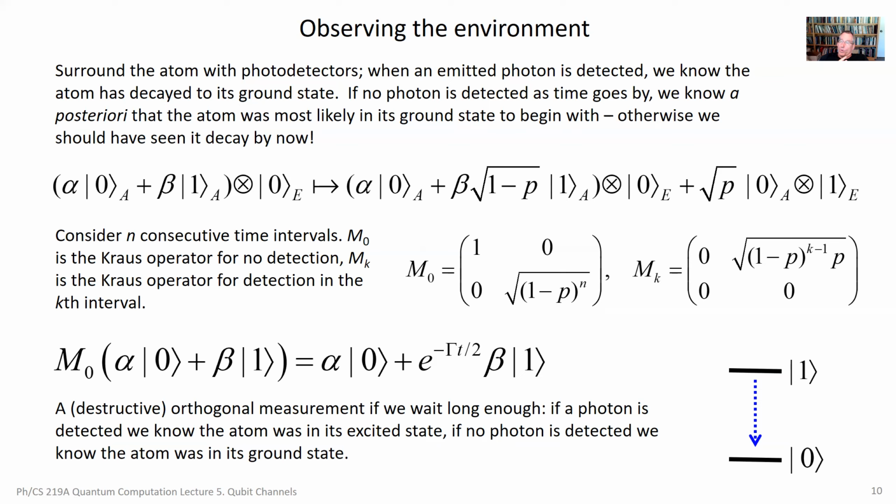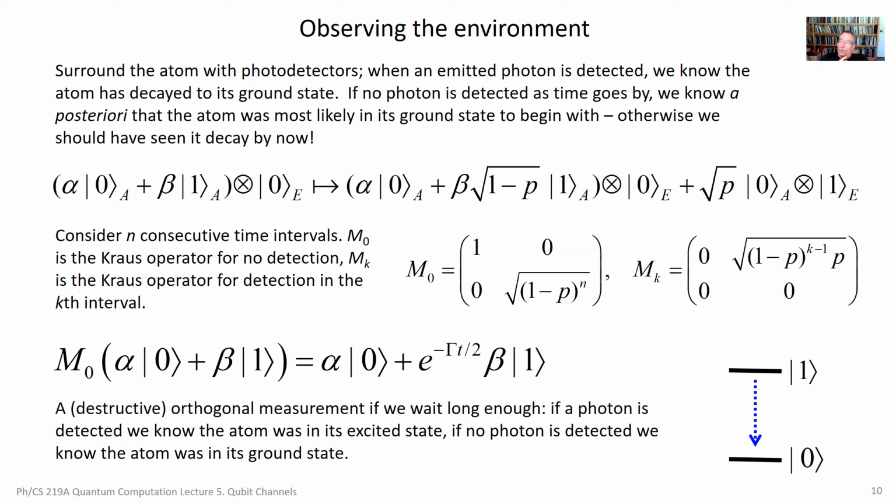That is, there's the case where the atom was excited and it didn't decay, and that has an amplitude square root of 1 minus p times the original amplitude of being in the excited state of the atom. And there's also an amplitude square root of p for the transition from, oh, I think I lost a beta here, didn't I? Yeah, I should have a beta here.